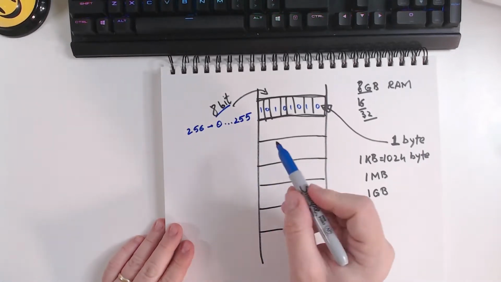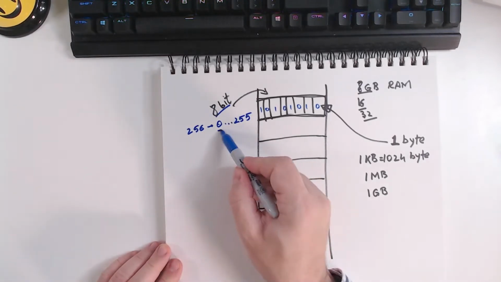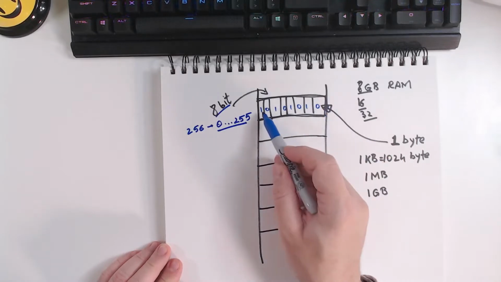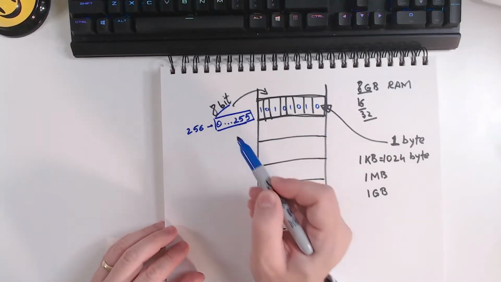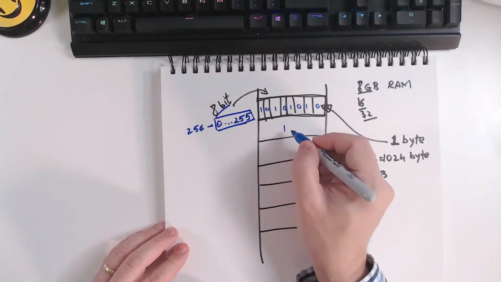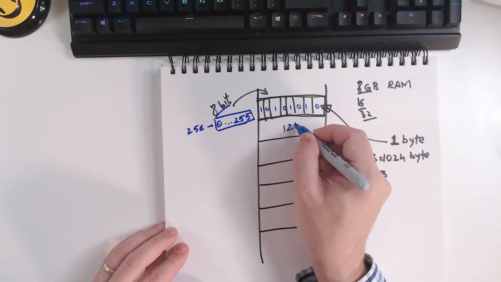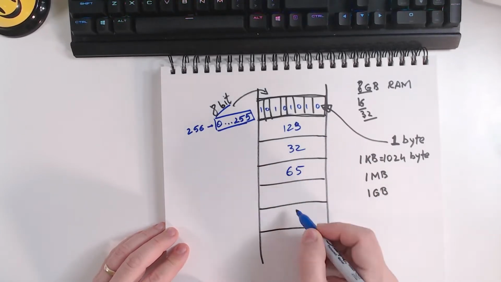In each one of these memory cells we have bits, or if we look at them as numbers, numbers from 0 to 255. So perhaps in this cell we have 123, in this one we have 32, in this one 65, and so on.